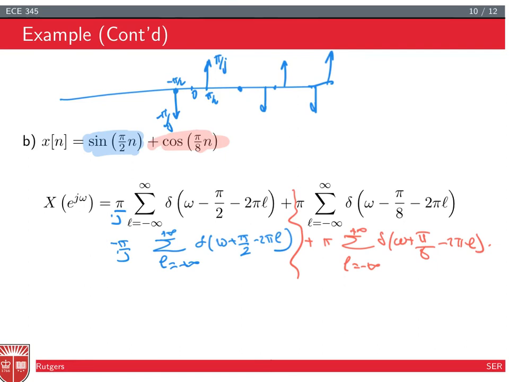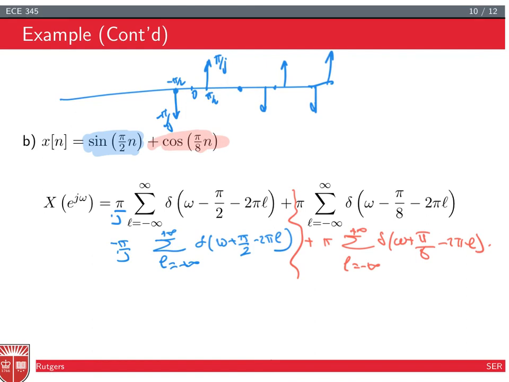I know that the cosine is e to the j omega n plus e to the minus j omega n divided by 2, and you should know that the DTFT of e to the j omega 0 n is a train of pulses at omega 0, and it's going to be repeated every 2 pi.